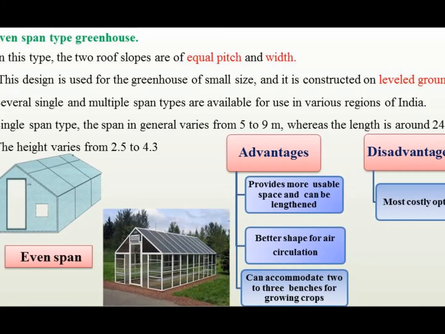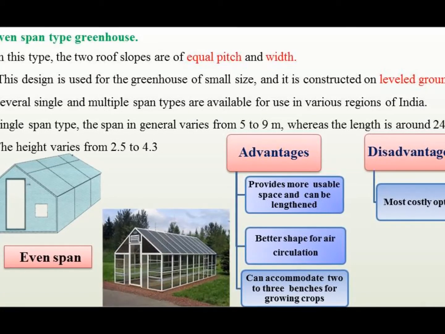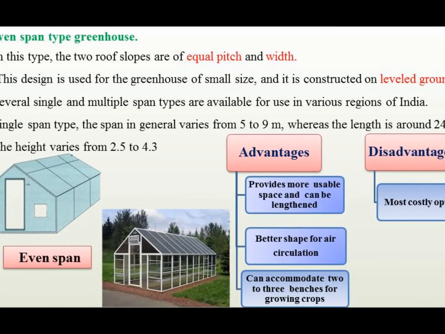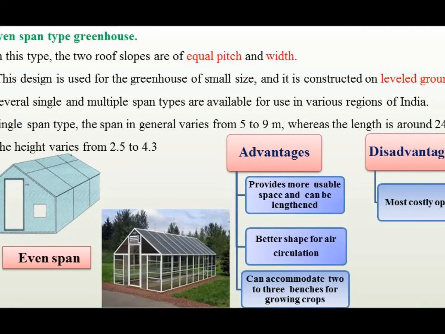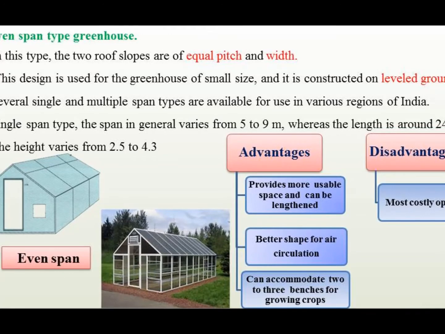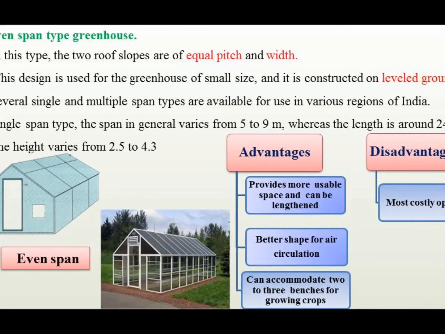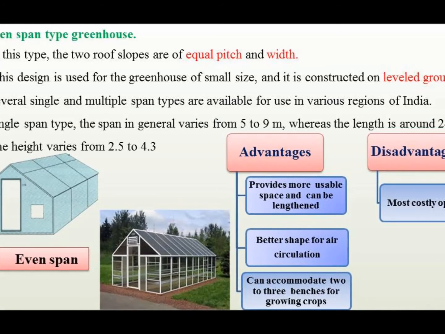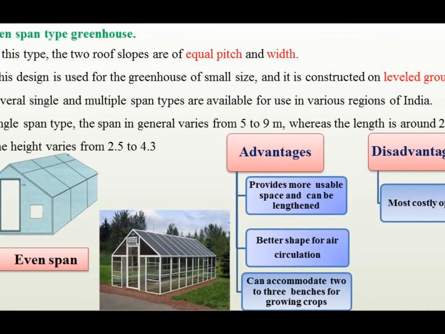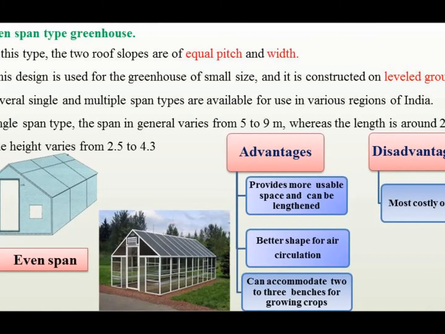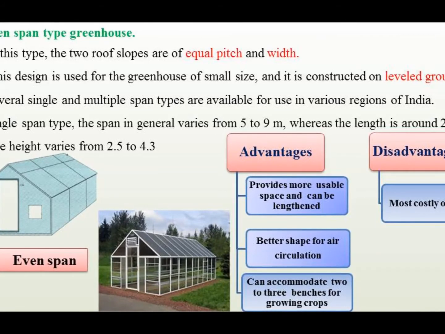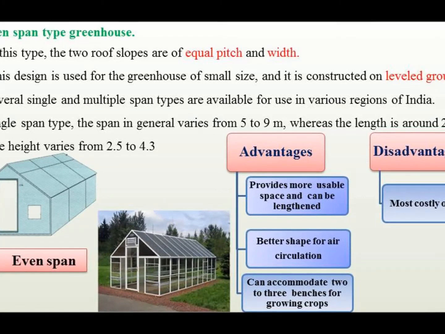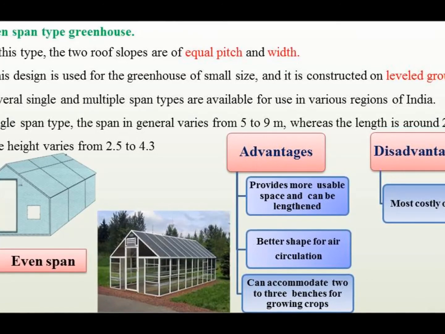Several single and multiple span types are available, and these are generally used in various regions of India. For example, in single span type, the span generally varies from 5 to 9 meters, whereas the length is around 24 meters and the height varies from 2.5 to 4.3 meters.